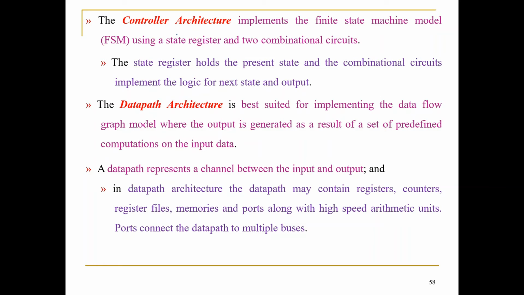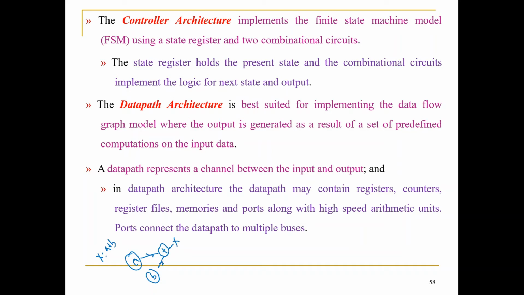Control architecture implements the finite state machine model using a state register and 2 combinational circuits. So basically, let us say that you want to implement something like x is equal to a plus b, okay? So this will be one state, b is the second state, they should go together, and this is the addition that is happening, and finally you will come out with x.